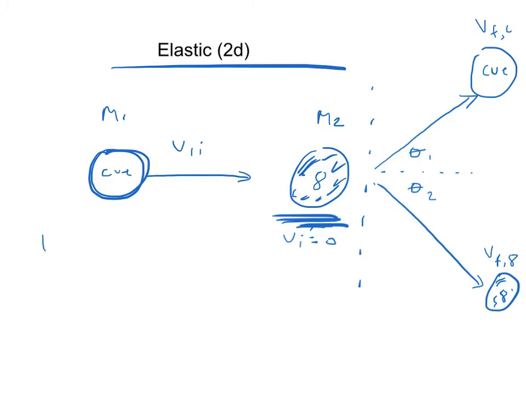So the initial amount of kinetic energy is just 1/2 the mass of the cue ball times VC initial squared, C for cue ball. That's all of the initial kinetic energy. And the initial momentum equals MQ times VQ initial. And it's important to know that this momentum is all in the x direction.